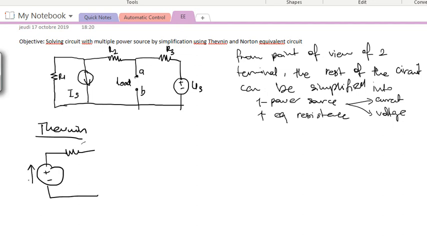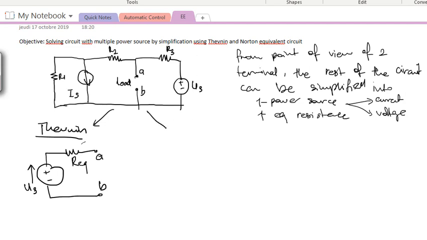We have a voltage supply, let's say I'm going to call it US, and an equivalent resistance R equivalent. So from the point of view of these two terminals A and B, this circuit can at the end be simplified into a Thevenin circuit where you only have one equivalent voltage supply and one equivalent resistance.